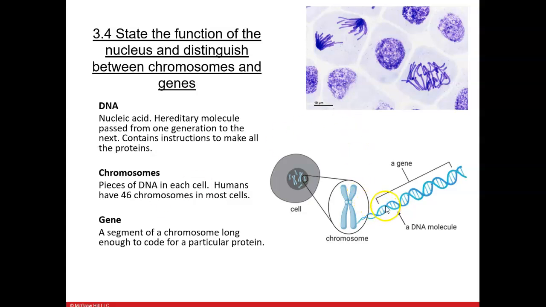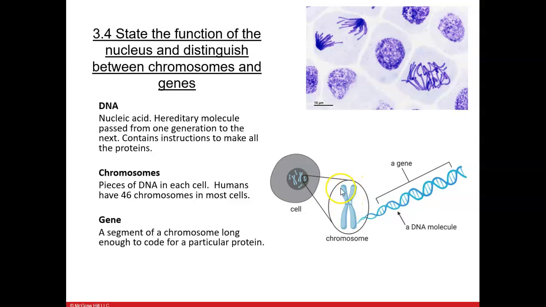Then a gene is just one chunk of that DNA. So a little piece of that DNA, a little piece of one chromosome, is a segment of a chromosome long enough to have the instructions to make a single protein. A gene's a piece of a chromosome long enough to code for a particular protein or have the instructions to make a protein.